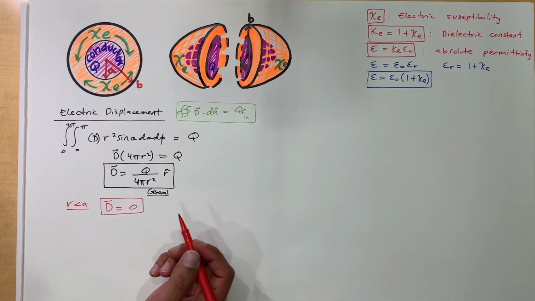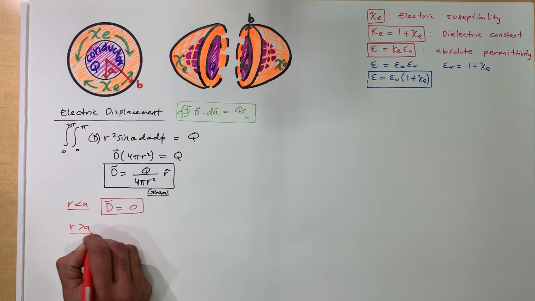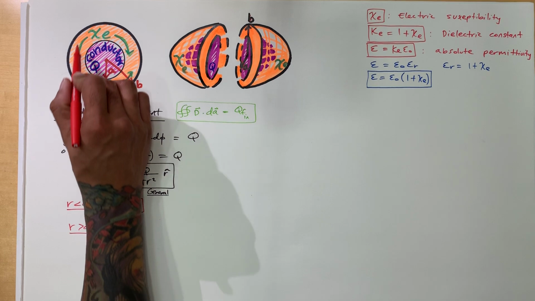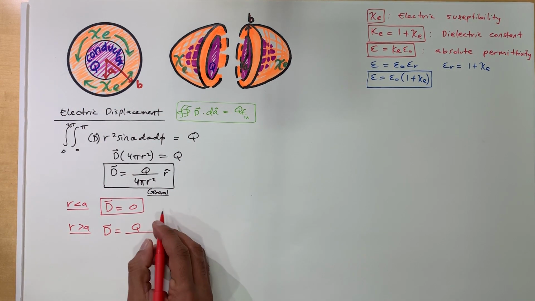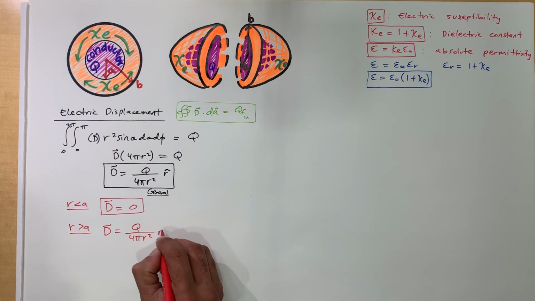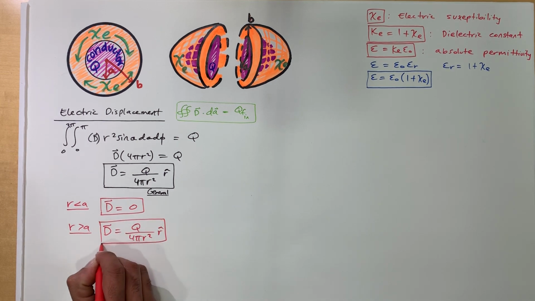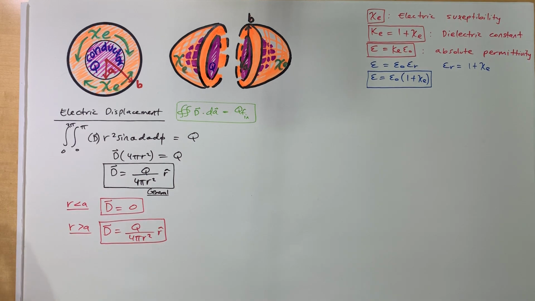Then for r greater than a, so now we're in this material right here, D is equal to Q over 4 pi r squared, in the radial direction. So this is specific now to the different regions.